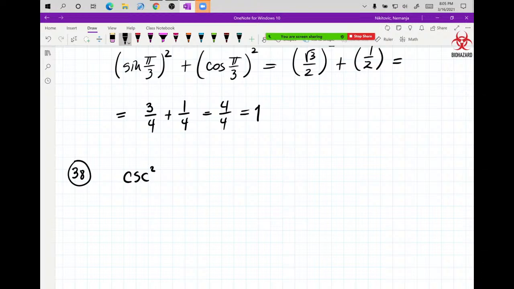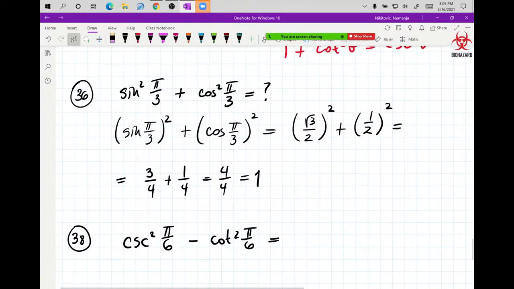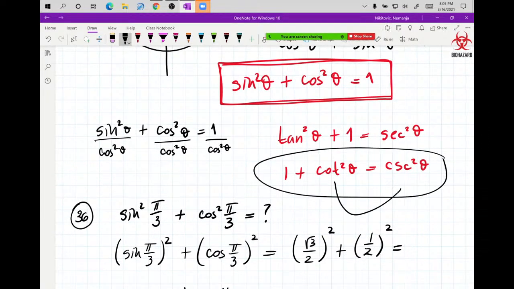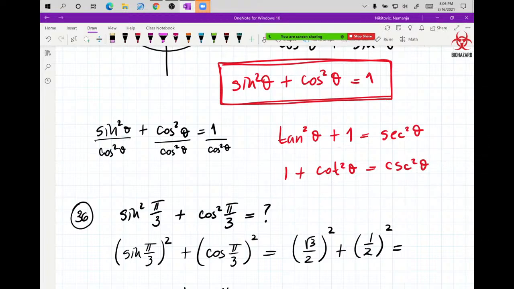Cosecant squared of pi over 6 minus cotangent squared of pi over 6 is equal to what? Well, it doesn't take long to realize that if you move cotangent to this side by subtracting it, you get 1. So we know the answer is 1.